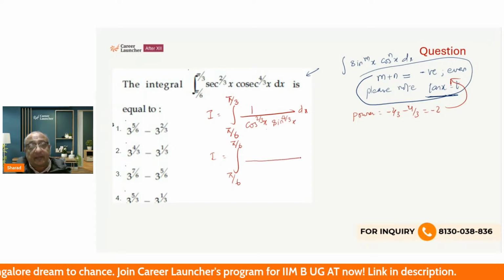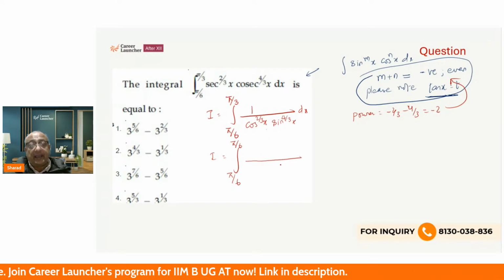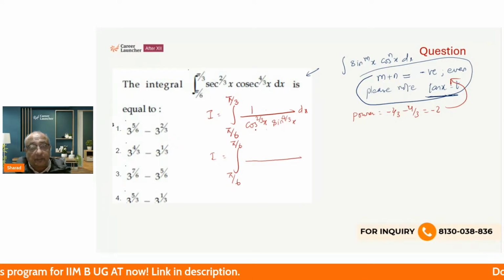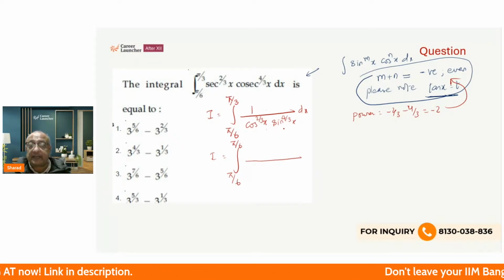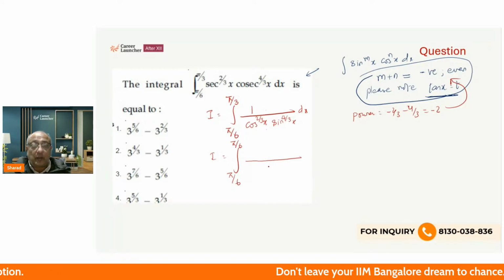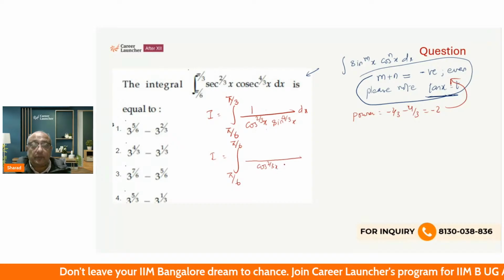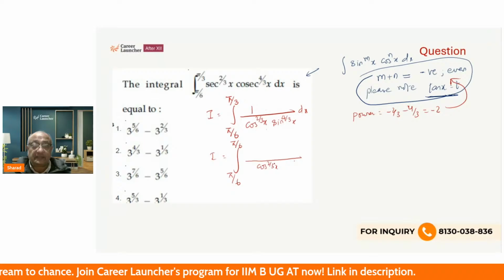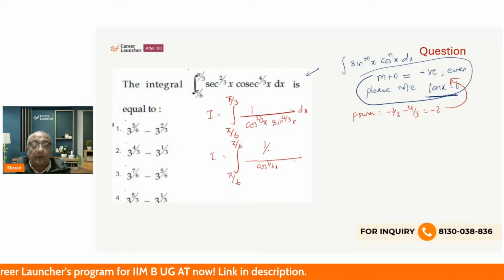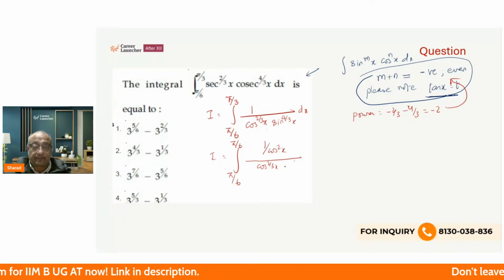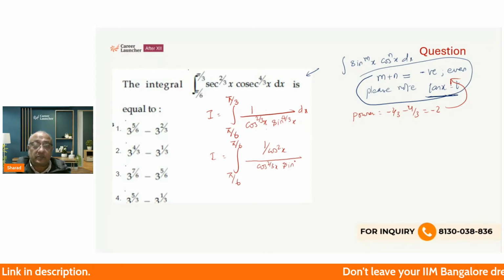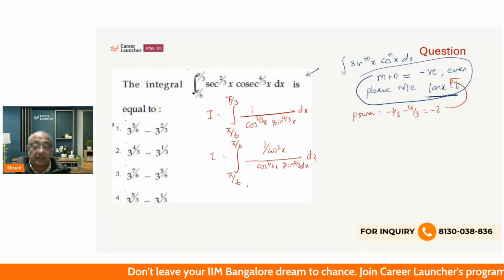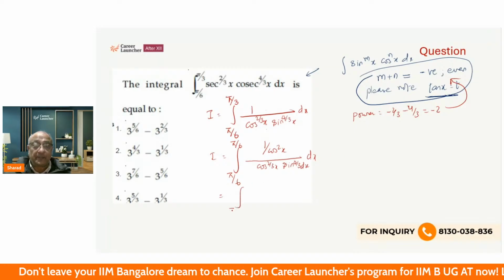Divide everything by cos x so that sin becomes tan. So I will divide both the numerator as well as the denominator by cos square x, and just see the way this will collapse into a manageable sum.